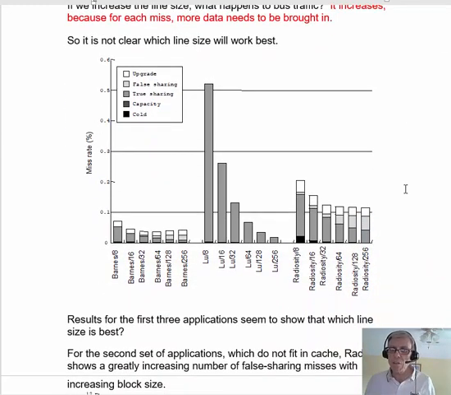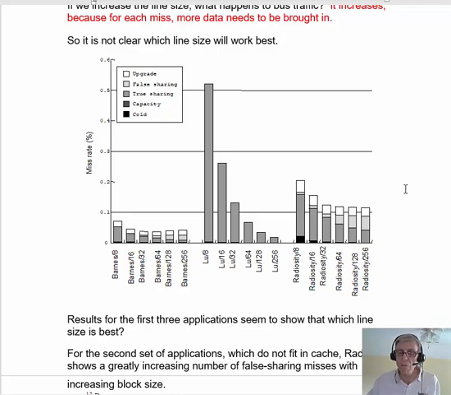Let's look at the first three benchmarks. In the case of LU, we see that the larger block sizes perform much better. In the case of radiosity, they do up to a point. And in the case of Barnes, as you increase block size past 64, you get an increasing miss rate.